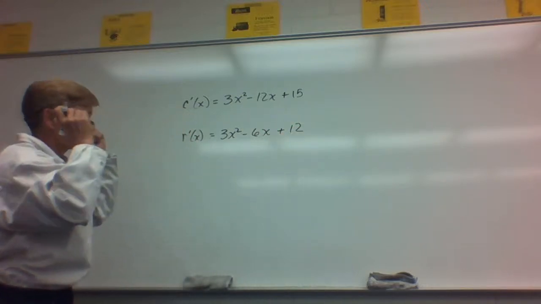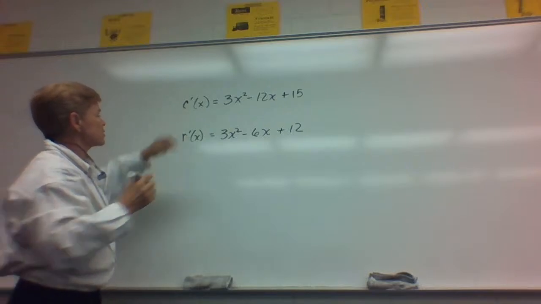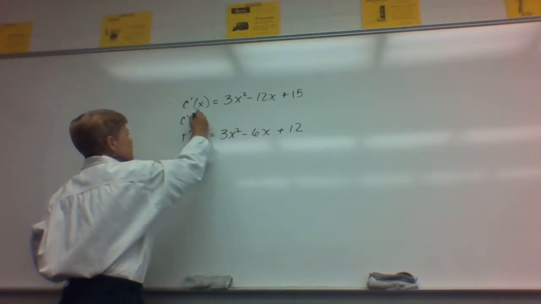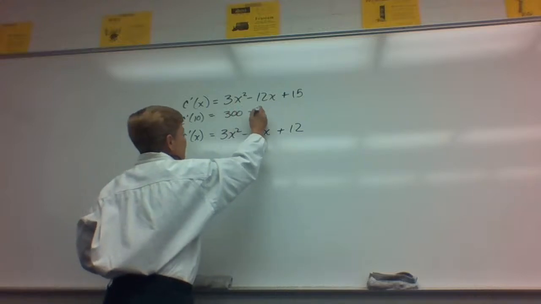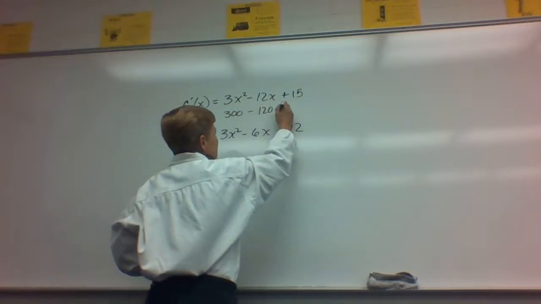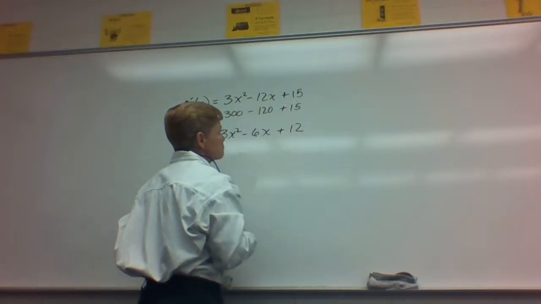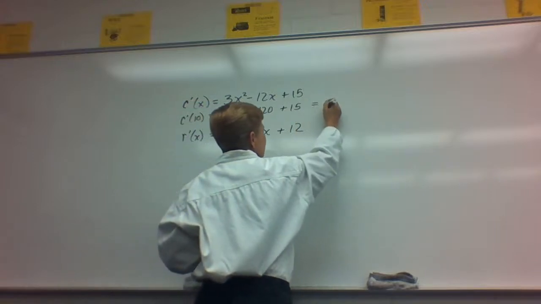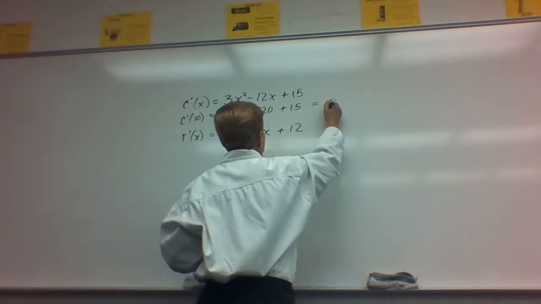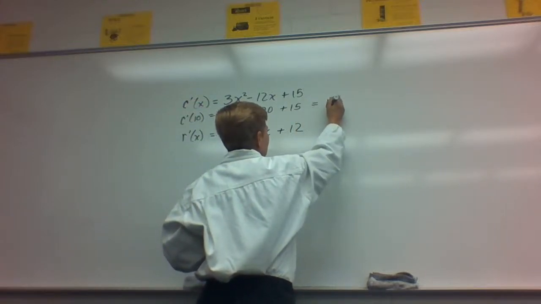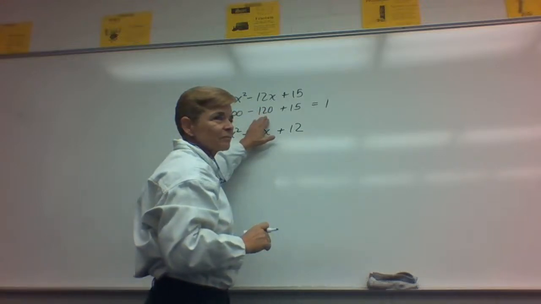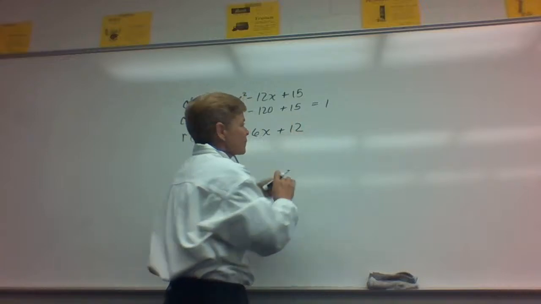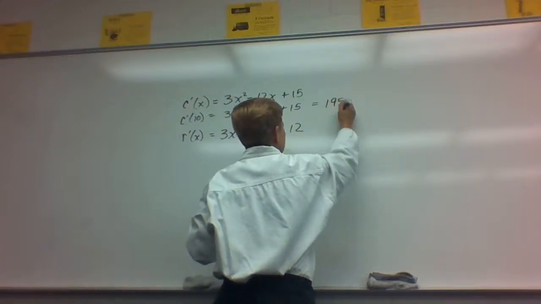Okay. So we need to evaluate this at 10. What is C prime of 10? Well, it's 300, minus 120 plus 15. What is that? What's 300 minus 120? 180, plus 15? Yes, you are correct, 195. Okay.